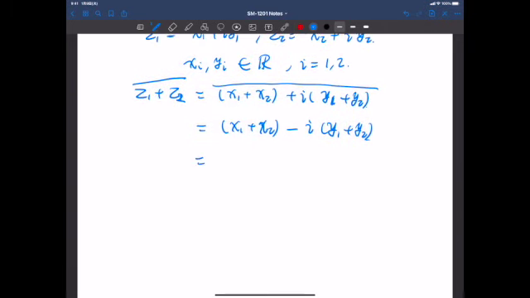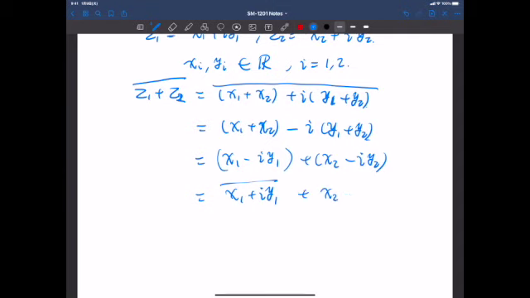Okay, but this is x1 minus iy1 plus x2 minus iy2, which are complex conjugates of these. Therefore, this is the sum of complex conjugates.